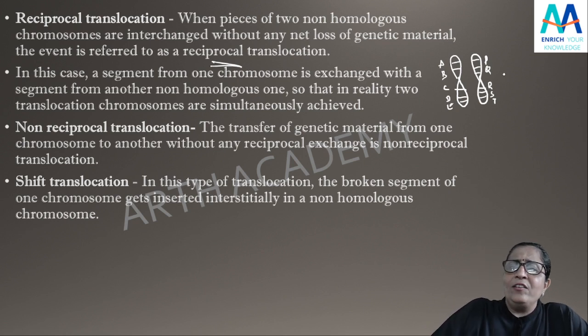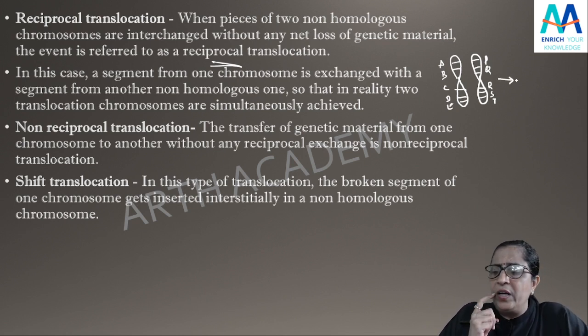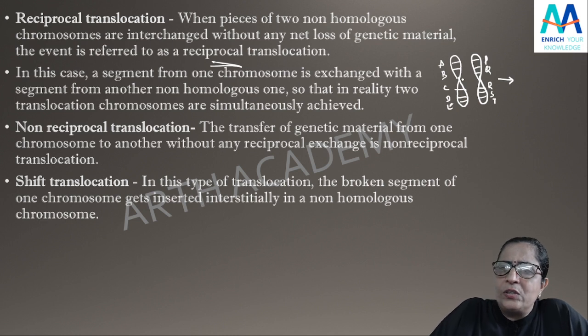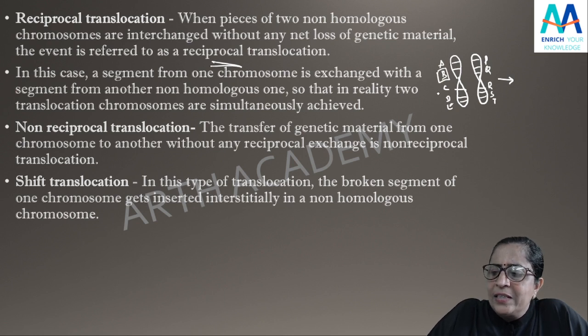Now if there is a reciprocal translocation between these two, what is the reciprocal translocation? Suppose this part, that is this B, is translocated. And the same thing happens, from here suppose this S is translocated.